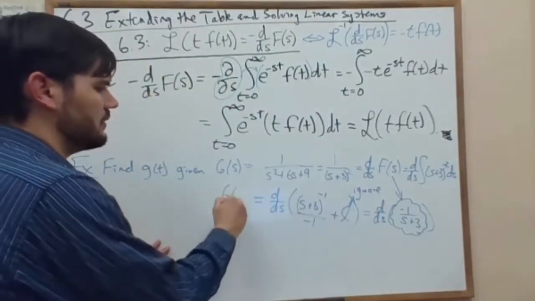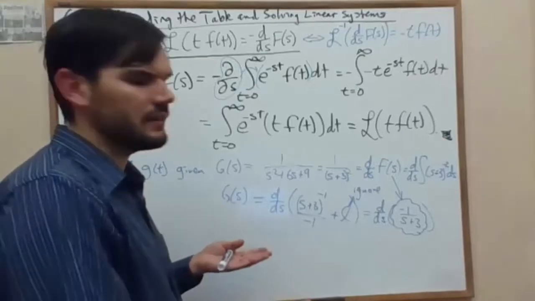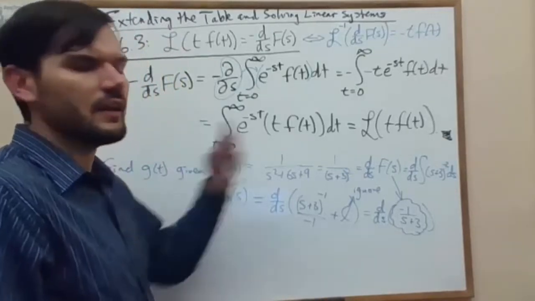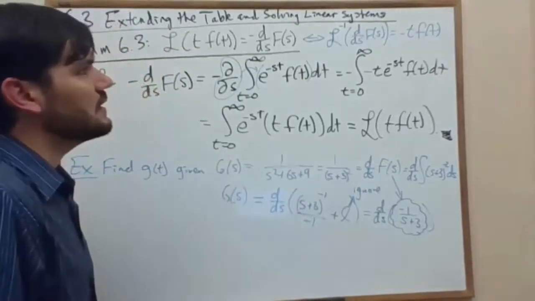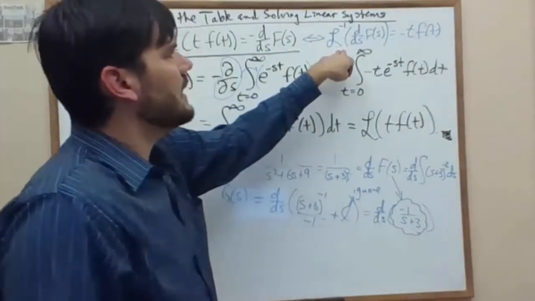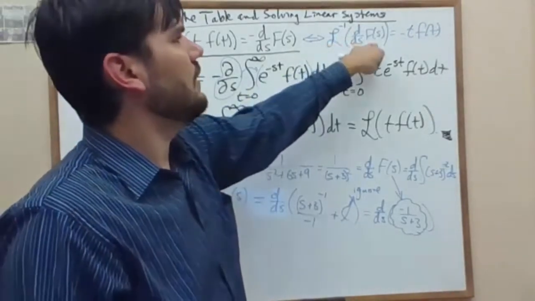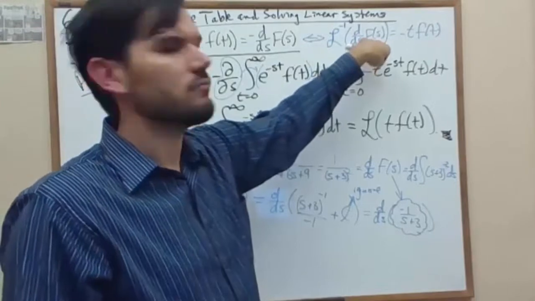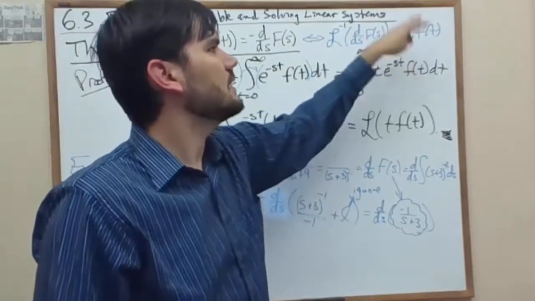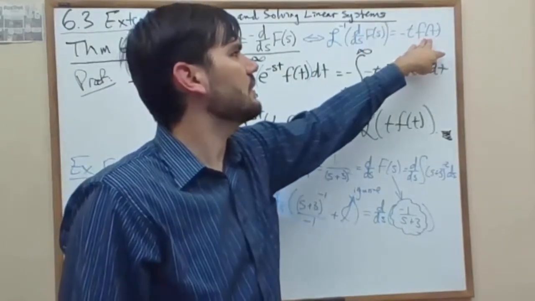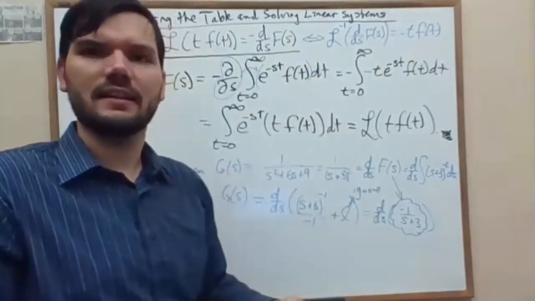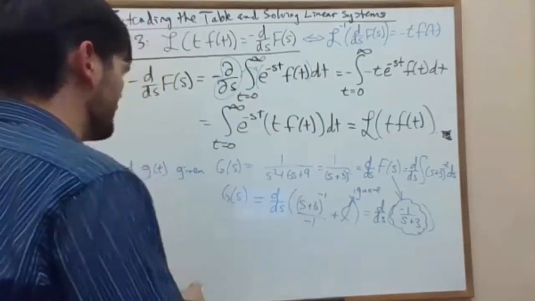So I have capital G of s. The transformation I'm given is actually the derivative of another transformation. And our theorem says that if we invert the derivative of another transformation, what we get out is a minus t times the inverse of this secondary transformation.